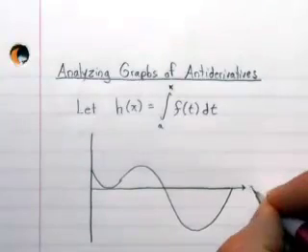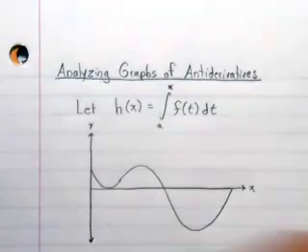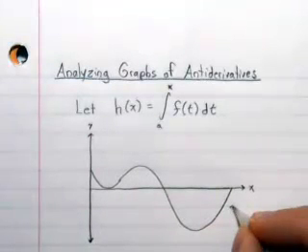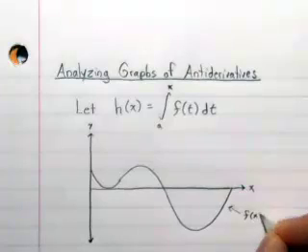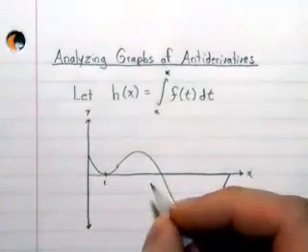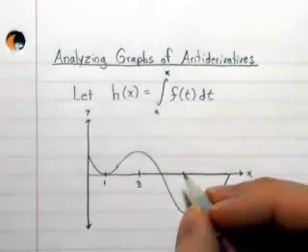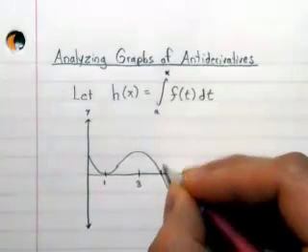All right, so x, y, and then this is x. And this is at 1. Let's see, that peaks out at 3. This is at 4.